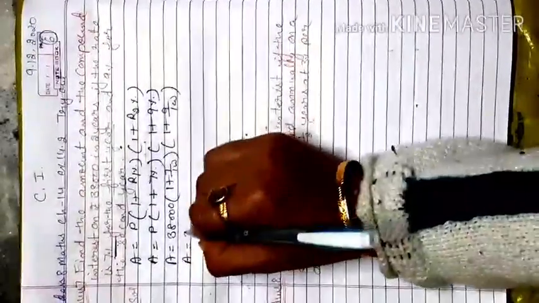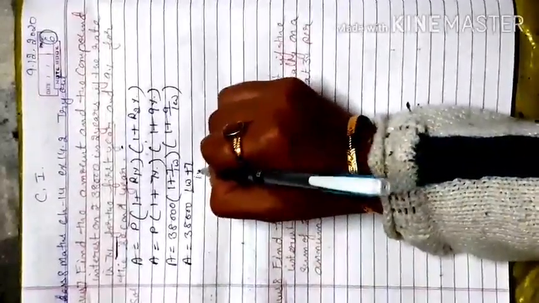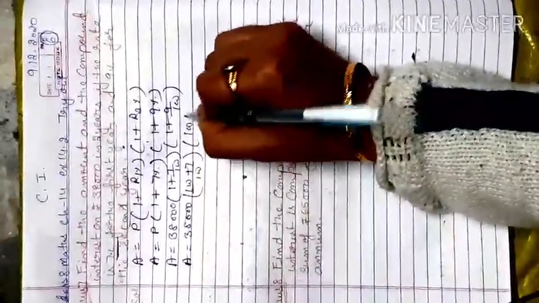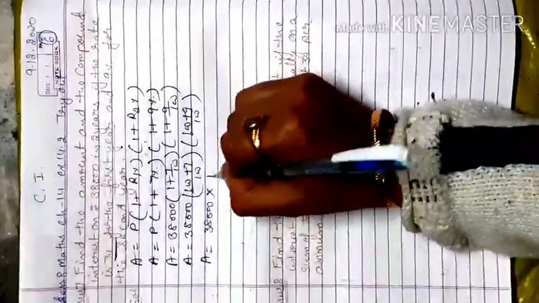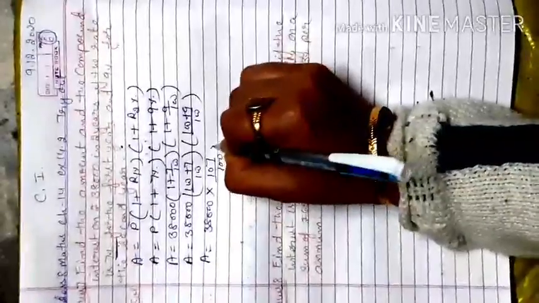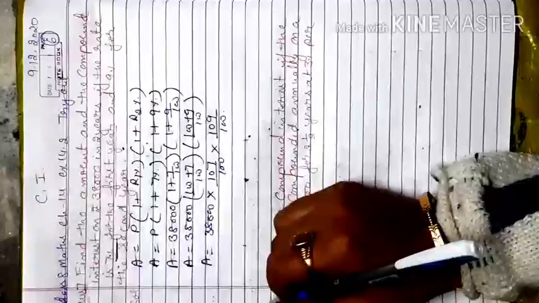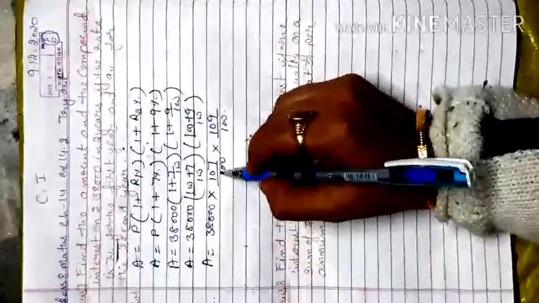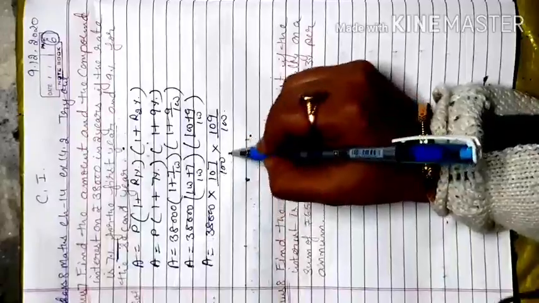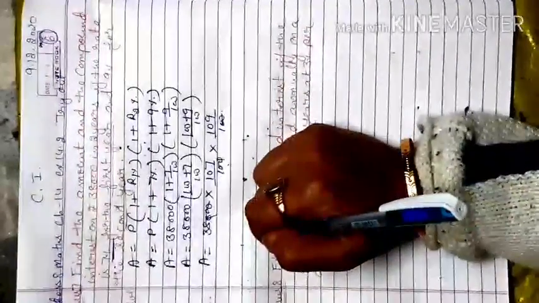Now here when you take the LCM of this one, 38,000, 100 plus 7 by 100, 100 plus 9 by 100 gives me the amount: 38,000 into 107 by 100 into 109 by 100. After calculation, first when I multiply this one, 2 zeros will be cancelled and this 1 zero, only 1 zero is left.